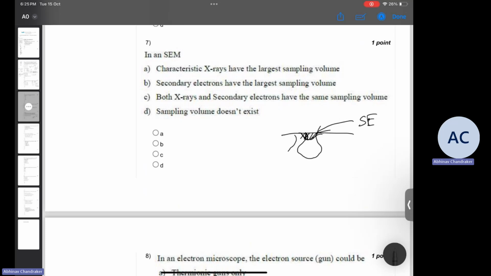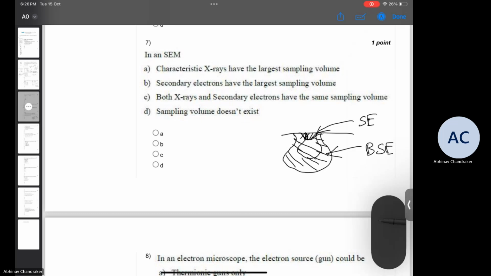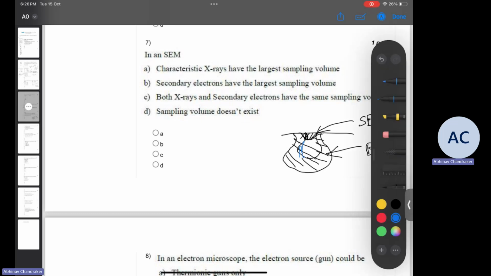While for the backscattered electrons, the sampling volume will be much larger. Since they have higher energy and can come out from much deeper in the sample, the volume from which they are coming is large. For X-rays, it's usually somewhere in between, let's say this one in blue.